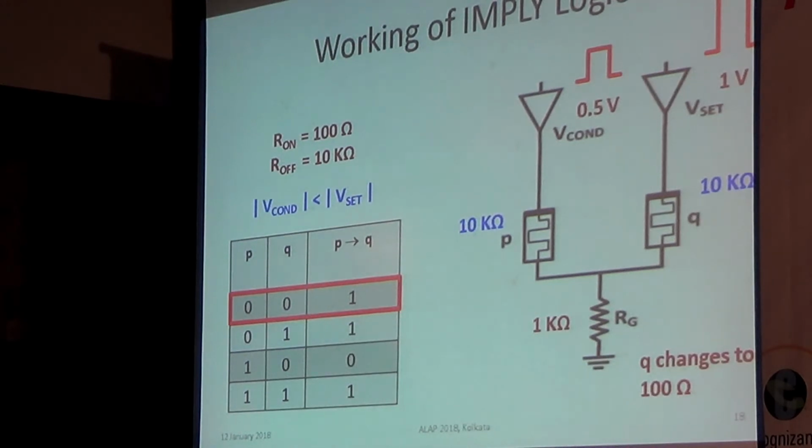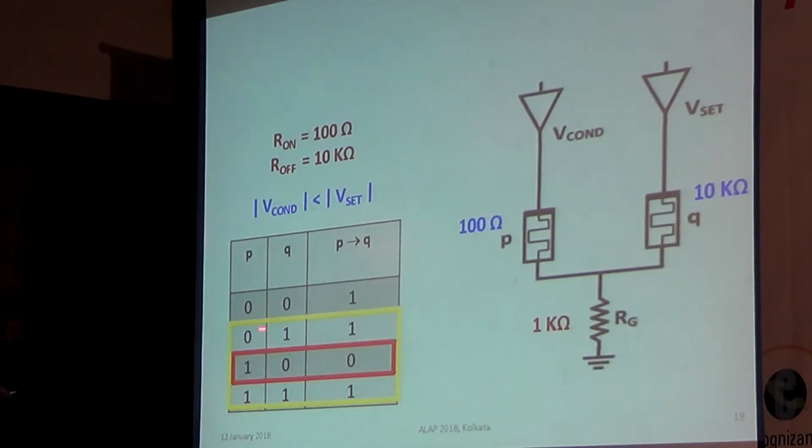If you look at the other column, let's say the other three columns I am considering together, let's take this one, this 1 and 0. Suppose this is on 100, this is 0, 10 kilo ohm. So now this is conducting, so there will be a relatively higher current flowing through this.